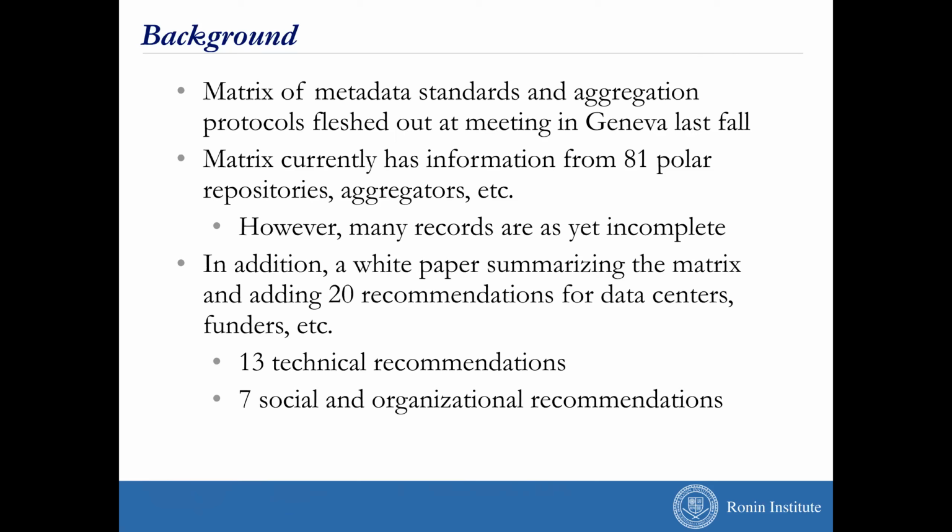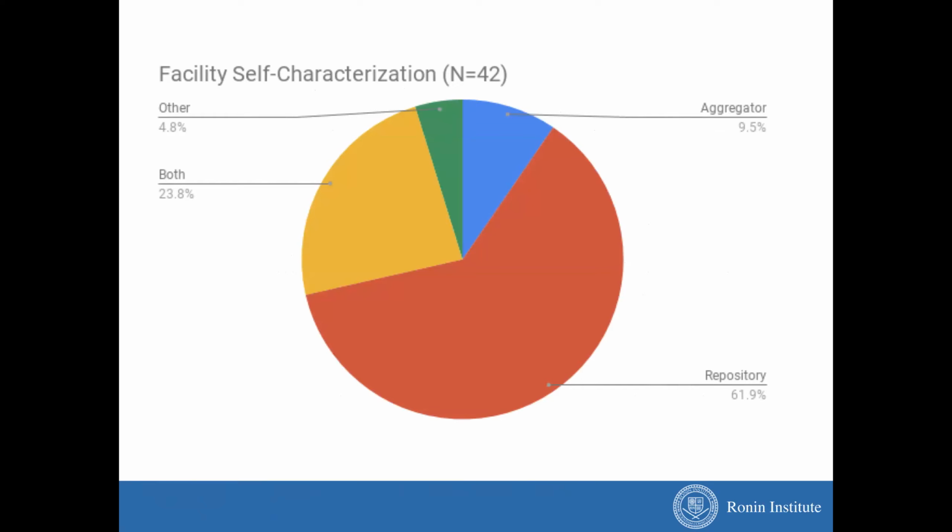I'm just going to present a few small results. I'm sorry about the quality of the imagery here. I was just using Google's spreadsheets because that's where the data resides to make some graphs, and they aren't the highest quality. But in any case, one of the things I found interesting is that while only about 10% of the participants consider themselves to be pure metadata aggregators, a little more than 60% consider themselves to be repositories.